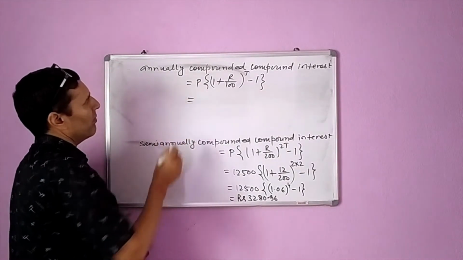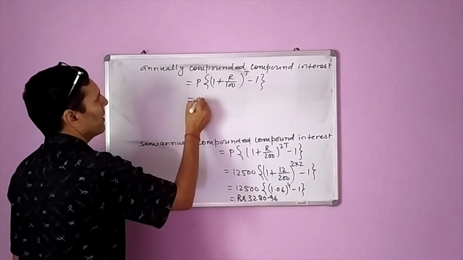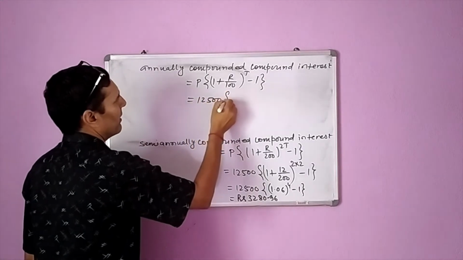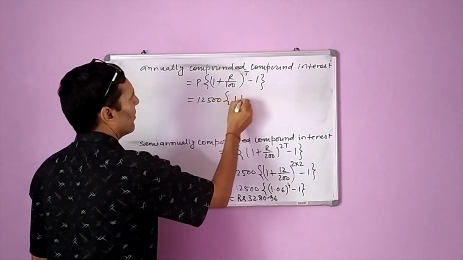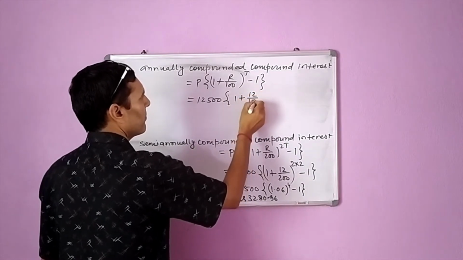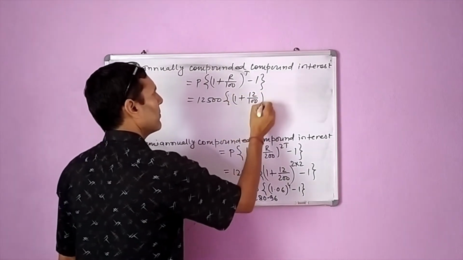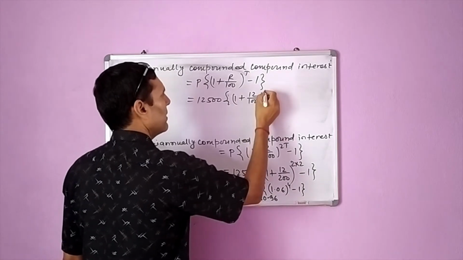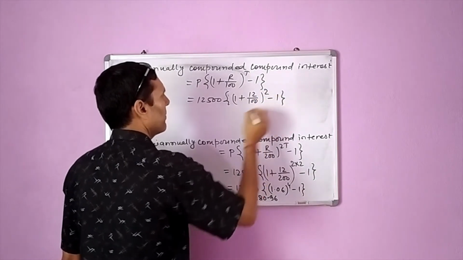Now here also putting the values of P, R and T. P is 12,500, 1 plus R is 12 upon 100, to the power T, the value of T being 2, minus 1.